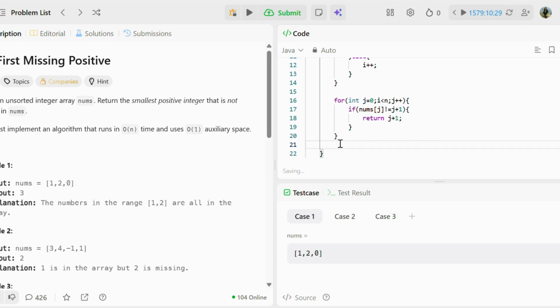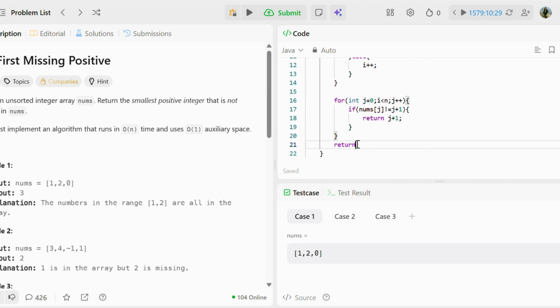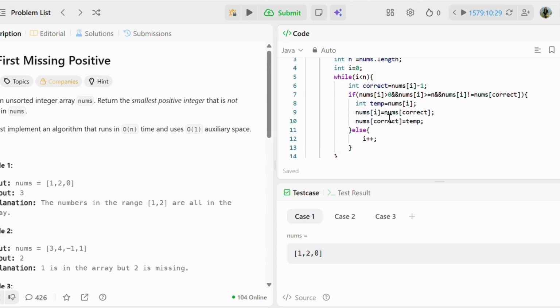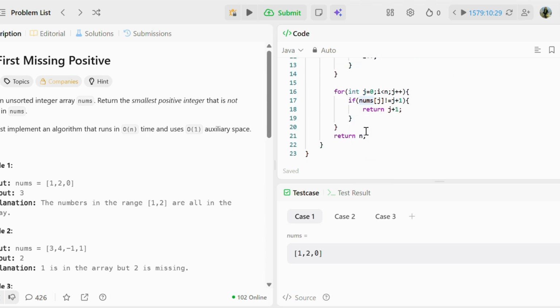Now if all numbers are matching, then we have to return n simply, because we checked not equals, and only if it is greater than or equal to n will it skip this, right? So we have to return it.